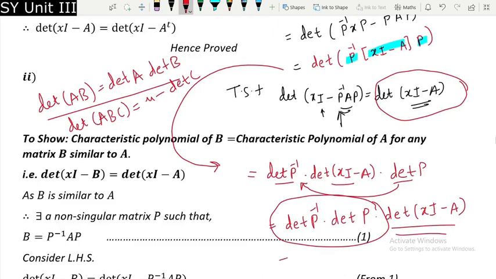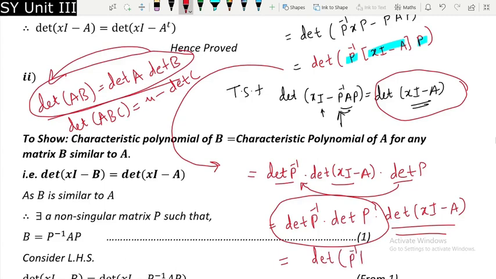Again we have to use the same property, but now for 2 matrices and in the reverse way. We have determinant of P inverse multiplied by determinant of P. So in the reverse way it will be determinant of P inverse P multiplied by determinant of xI minus A, but P inverse P is I, and you know determinant of I is 1, so this will be exactly equal to determinant of xI minus A, and that is nothing but my right hand side.